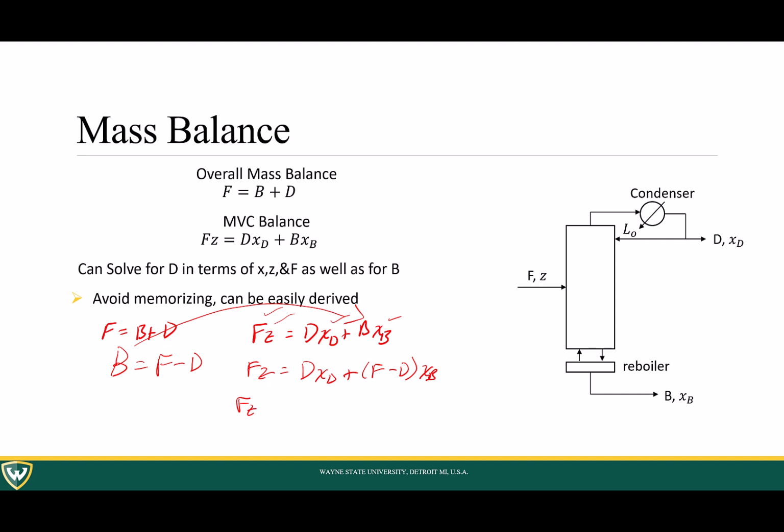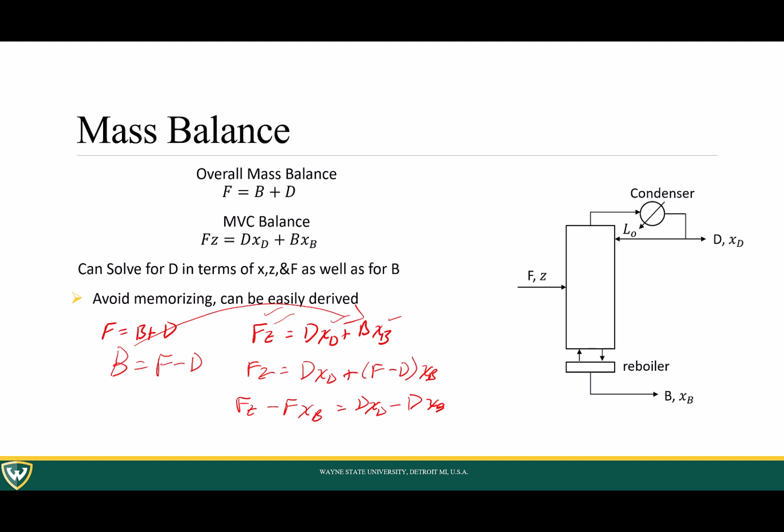Distribute that and leave just the D's on one side, and we get FZ minus FXB is equal to DXD minus DXB.